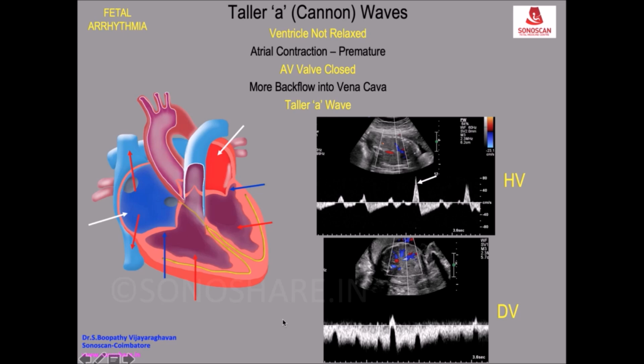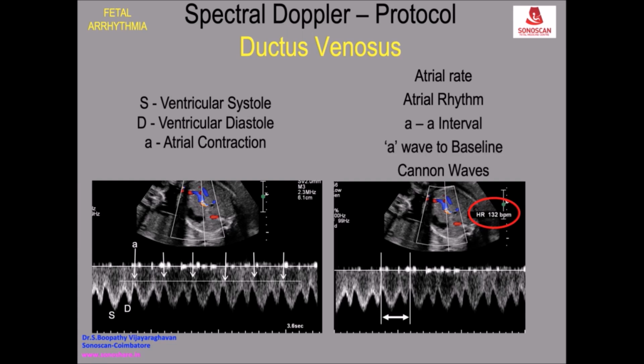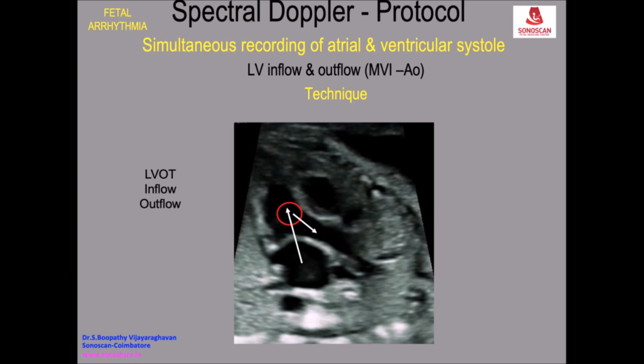So that is the explanation for getting a taller A wave. So by seeing that we can have the atrial rate, atrial rhythm and the AA interval. What are the parameters we look for? The atrial rate, atrial rhythm, ventricular rate.